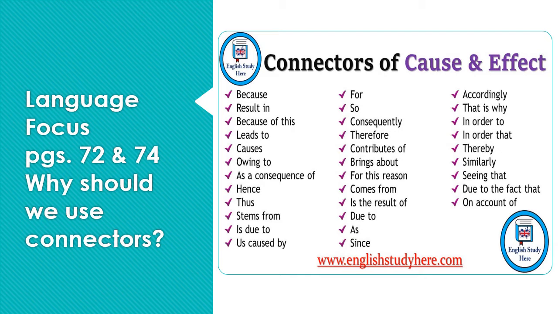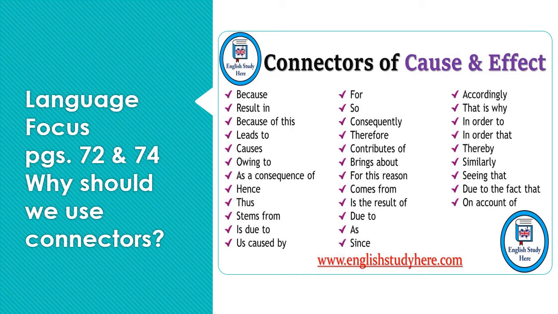Therefore shows a relationship because it shows an effect, a consequence, an outcome. If you start a sentence with therefore, I expect the rest of the sentence to tell me about an effect. What's the outcome? Therefore, what? What's the outcome that you're going to tell me?